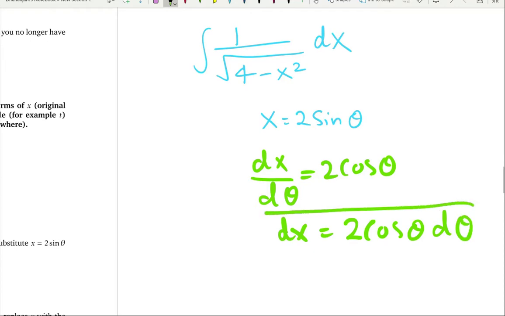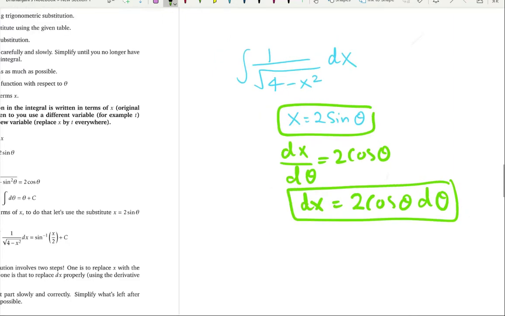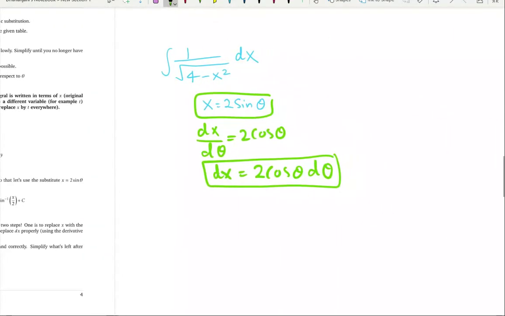So this is what you have. You need both of these statements before you proceed and substitute. Remember that. I know most students forget this step and automatically replace dx by d theta without having this cosine theta term, or without having the appropriate term that is here. That's wrong. That can mess up the whole problem.